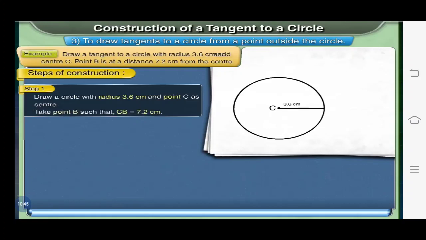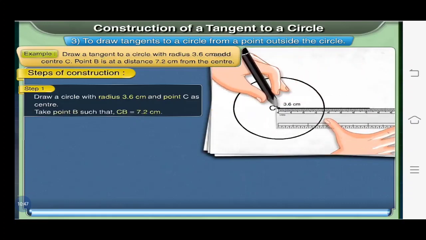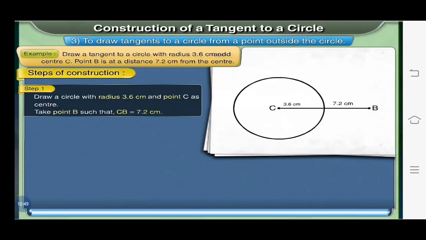Now, we have to find the midpoint of segment CB. You know, to get the midpoint of a segment, we have to construct a perpendicular bisector. So, our step 2 is obtain midpoint M of the segment CB.